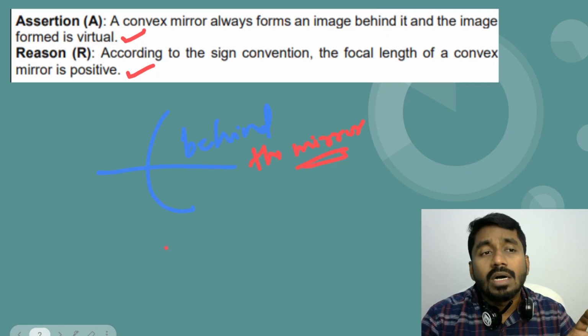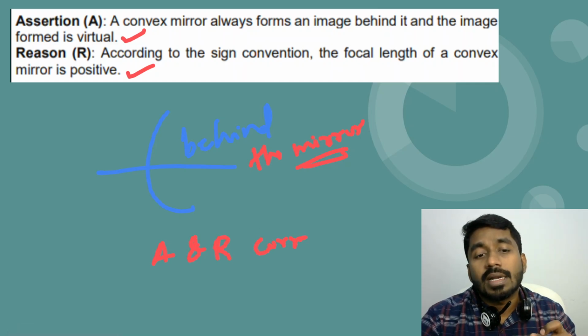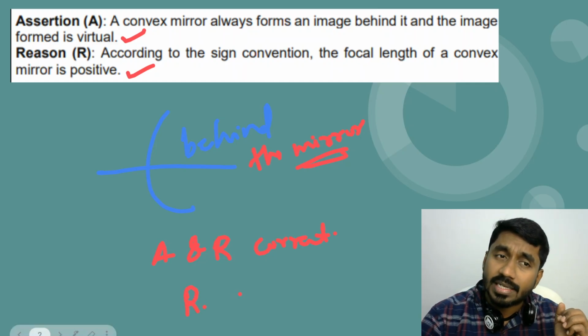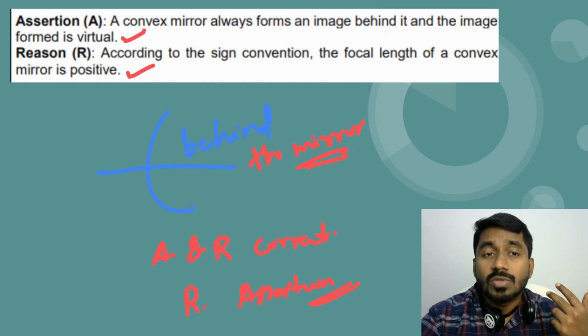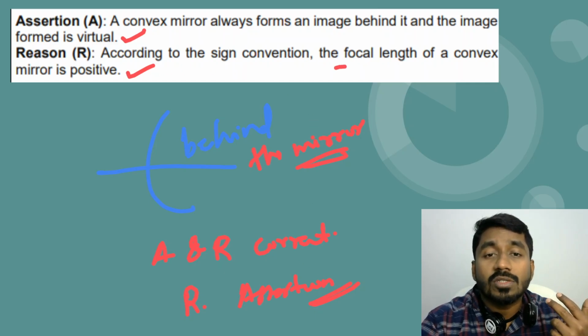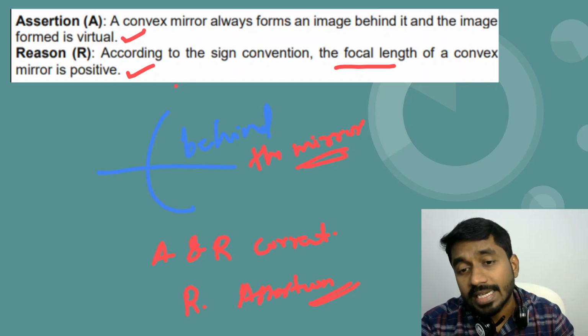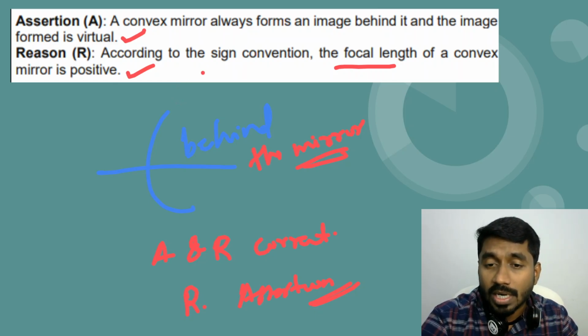So the assertion and reason are both correct, but the reason is not the correct explanation of the assertion, because the focal length of a convex mirror being positive depends on where the image is formed, not on the type of image.